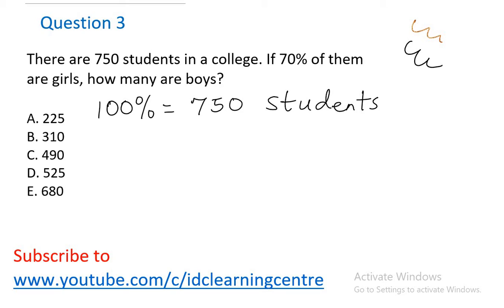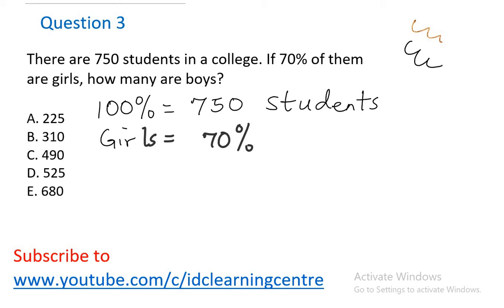Now, 70% of them are girls. Girls equal 70%. How many are boys?